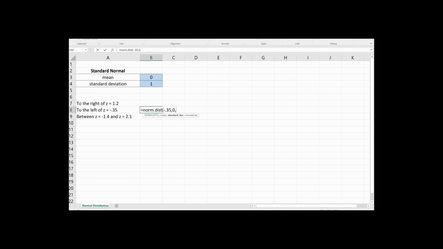Standard deviation is 1. And then cumulative, this is asking, do you want to add up all of the probabilities from negative infinity up to the value that you are asking? And the answer here is yes. So for normal, we will actually always say yes. So you can either say true or you can say 1.